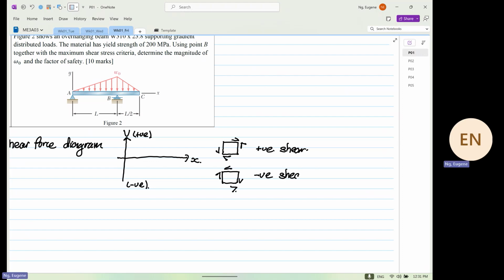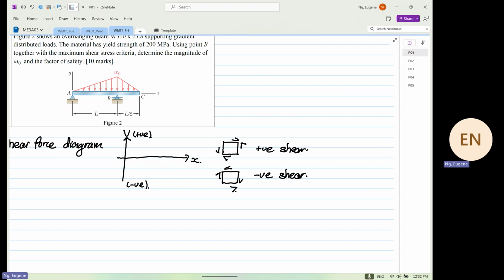Later on, maybe in week 6 or 7 or 8, when we go into Mohr's circle, I will elaborate more on this. But for now, look at the element. Positive shear means the element is deforming in that direction. Negative shear is deforming in that direction. Are we clear?